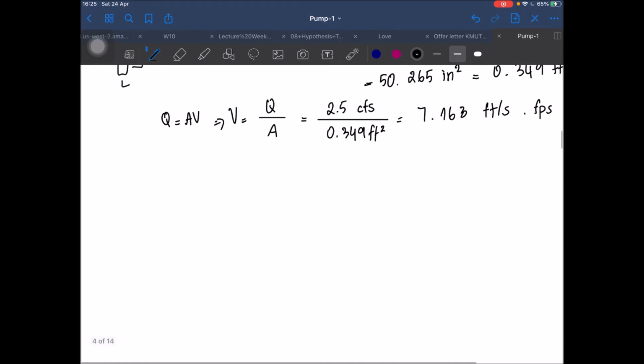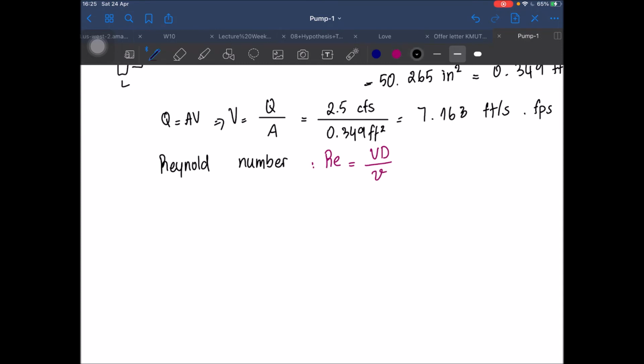And then we have RE, which is the Reynolds number. The Reynolds number equation is RE equals V D over v, where v is viscosity. It will be provided in a specific table at the end of the exam sheet, or they just give it in the problem.